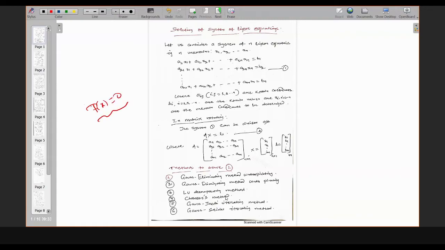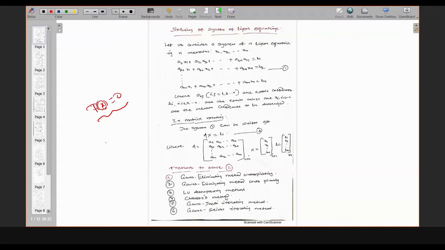You had a single equation, that means a function that depends upon only one independent variable, x. And also we have studied how we can apply Newton's method for solving a system of nonlinear equations. Only Newton's method is given in your syllabus.